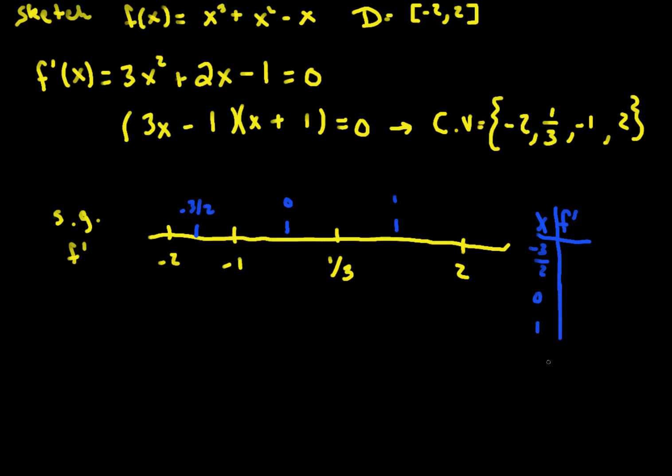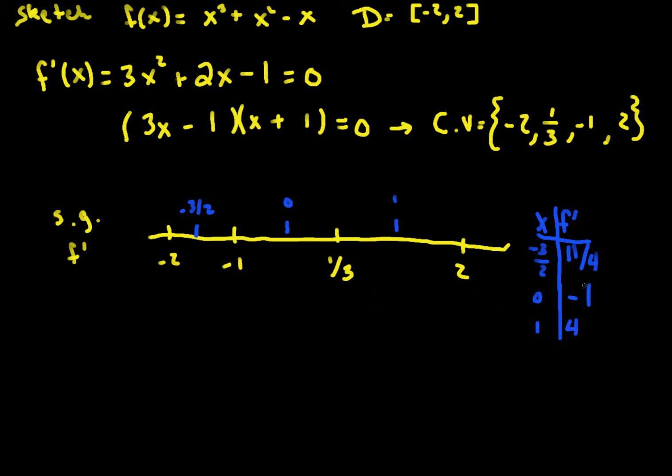We get that the value of f prime at negative 3/2 is 11/4. If I put 0 into my f prime, I get negative 1. And if I put 1 into f prime, I get 4.